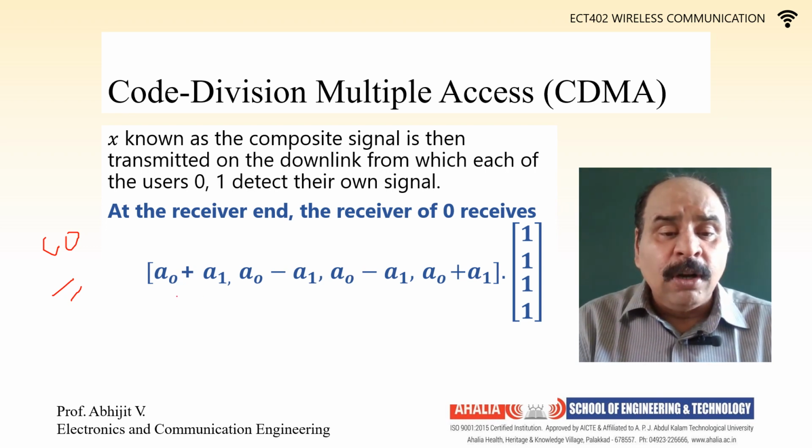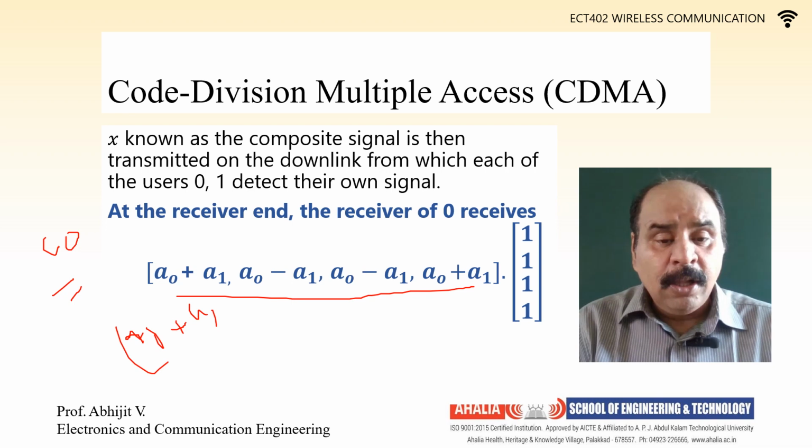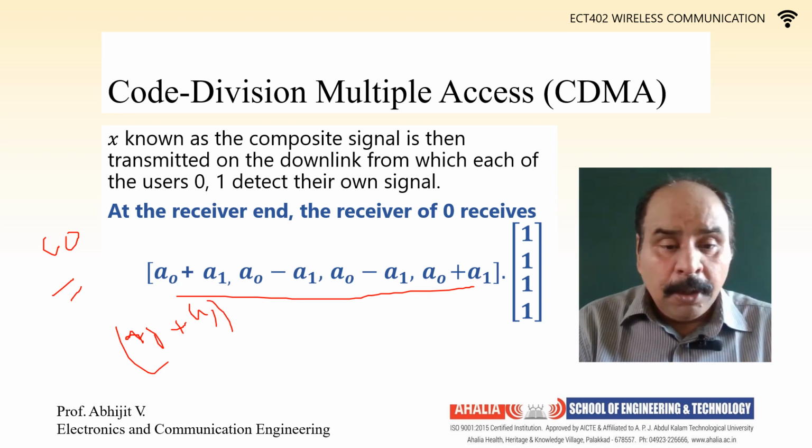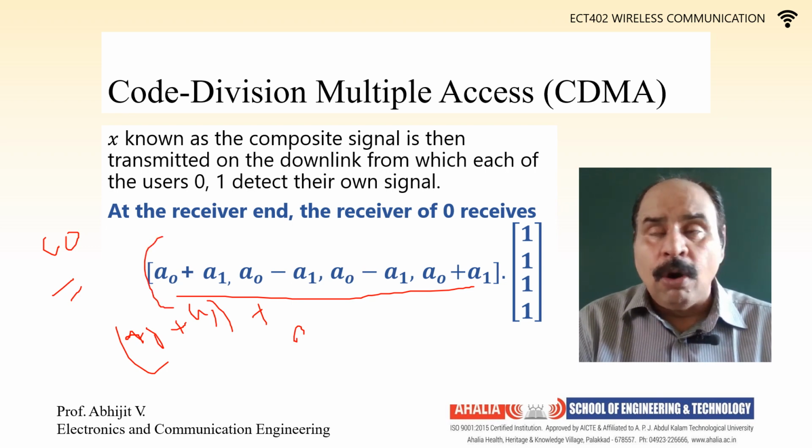So at the receiver, what do we do? We multiply with C0 and add. That is, A naught plus A1, and so on, as a whole is received at the receiver's end. When you add all these things, what do you get? You get 4A naught. Am I right?